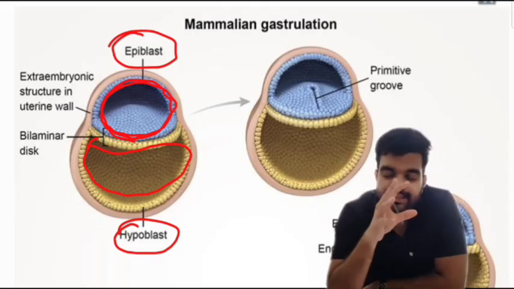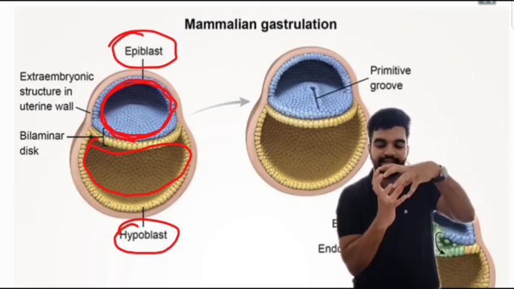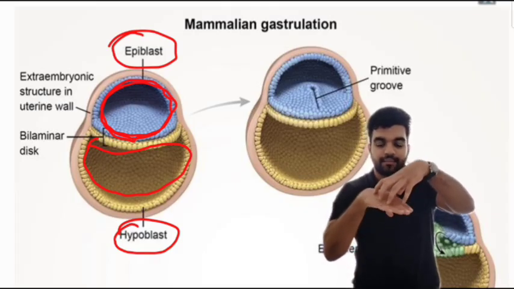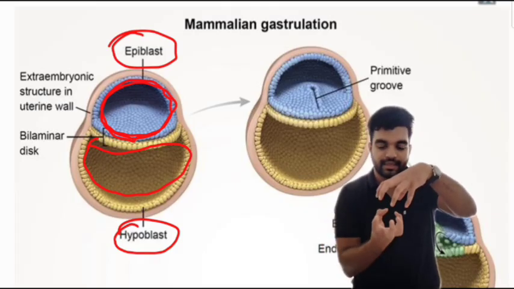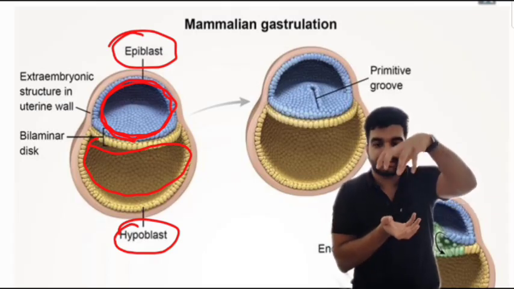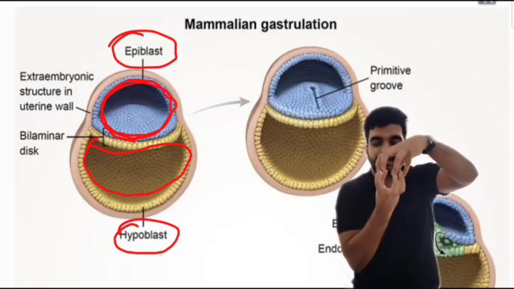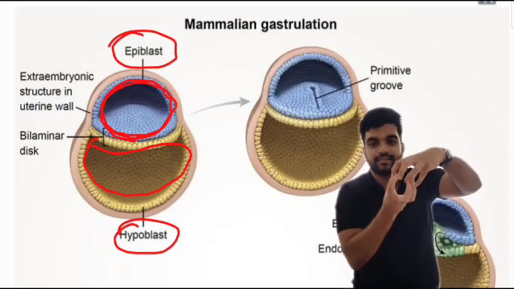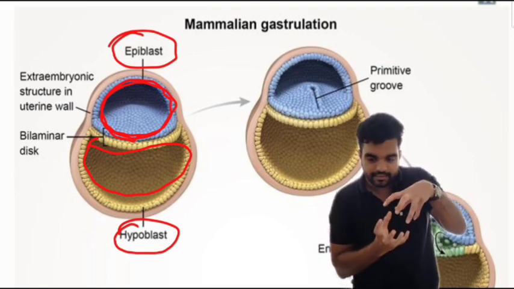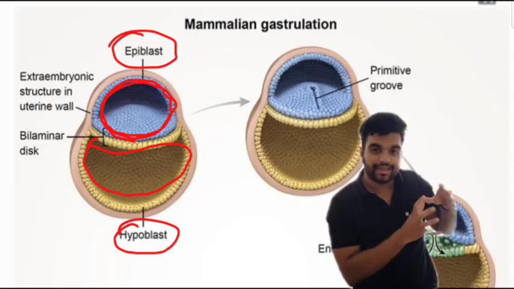Think of it in a three-dimensional structure. Two balls are there. I mean, one single ball was there, but think of it as two balls, with one compartment dividing these two things. One is the yolk sac, which is covered by hypoblast. The above thing is epiblast. So after the implantation, all these changes are taking place to form one single embryo.